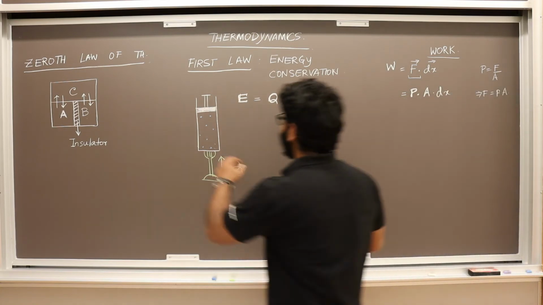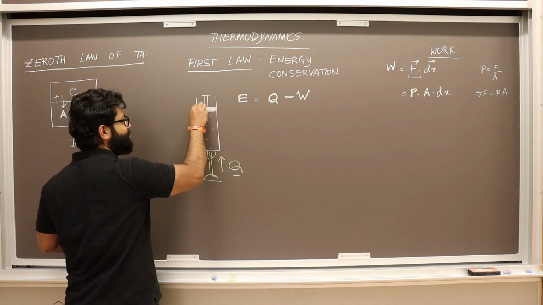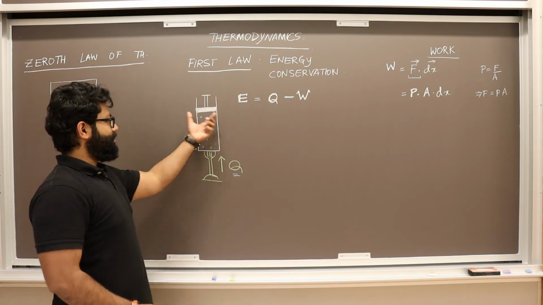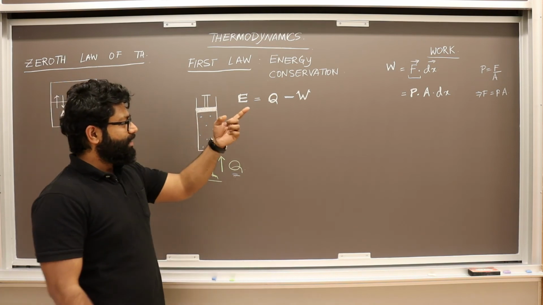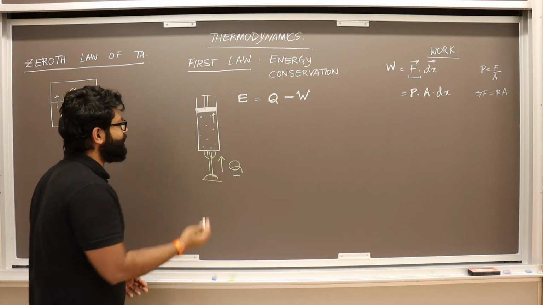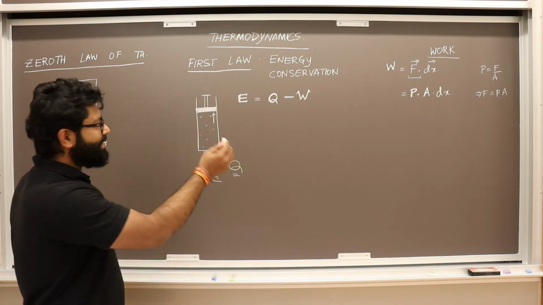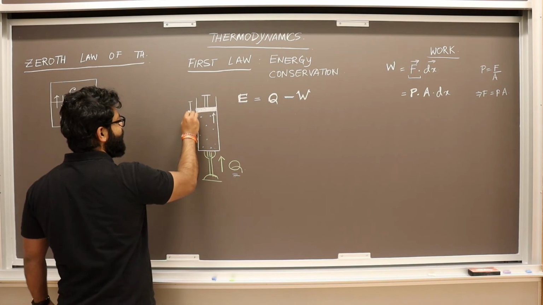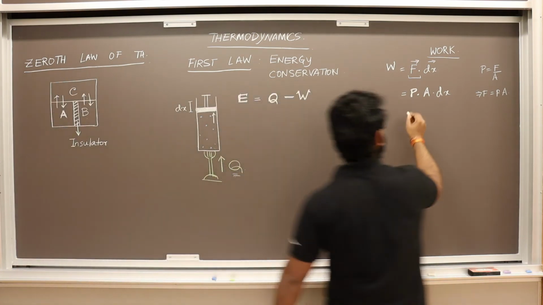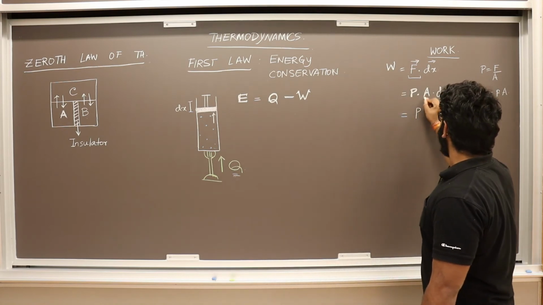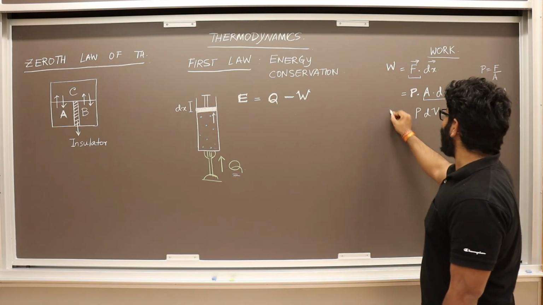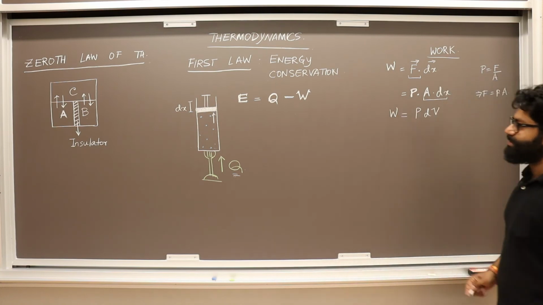The area will be the cross-sectional area of the piston itself. The pressure will be the pressure that is being applied by the gas molecules on the piston, and dx is the amount of displacement that this piston does. So this becomes P, and this we can write as dV. So work in here becomes P times delta V.